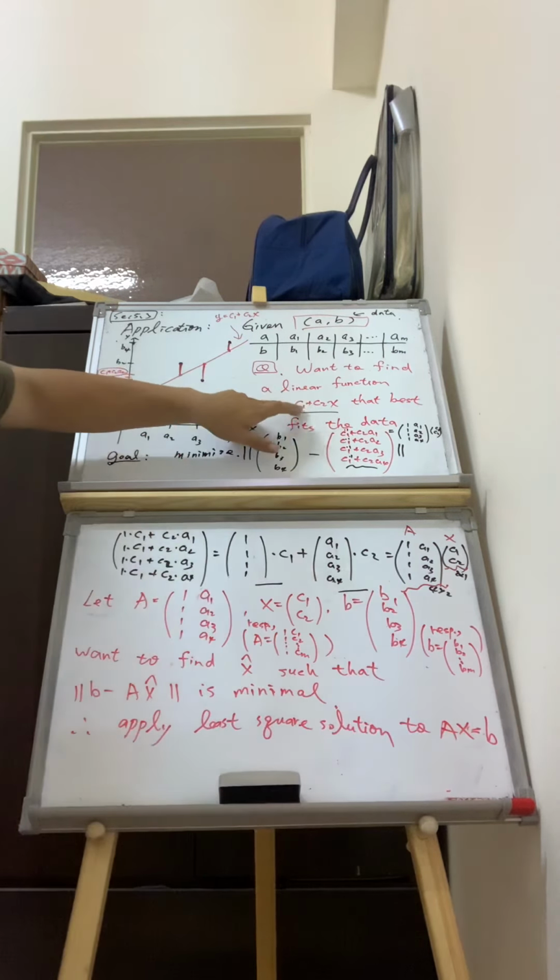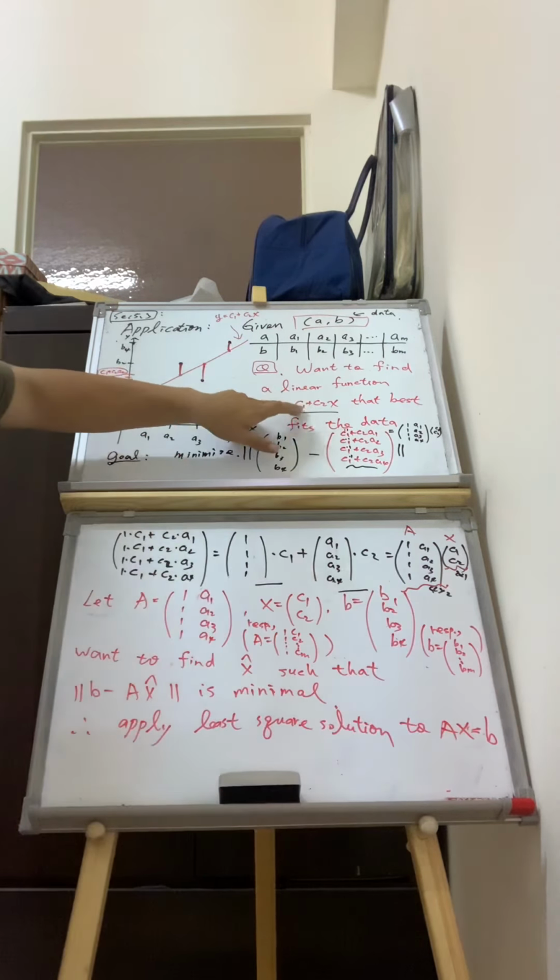So if you want to solve it, just follow this one. It's our a1, a2, a3, and it's our b1, b2, b3, right? So just follow this and we could solve it. Let A be, in this case, 1, 1, 1.